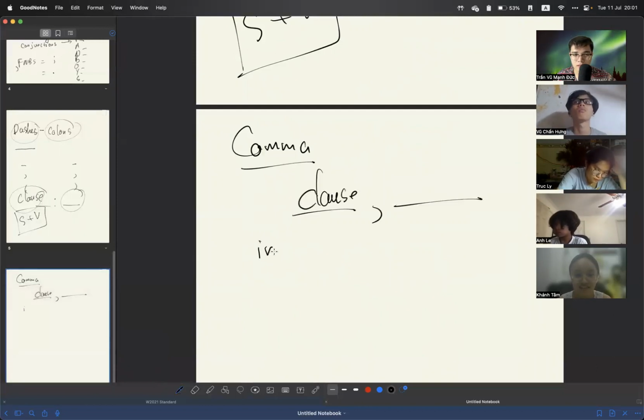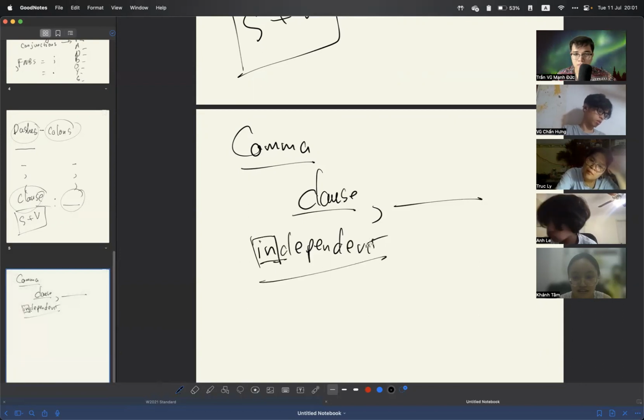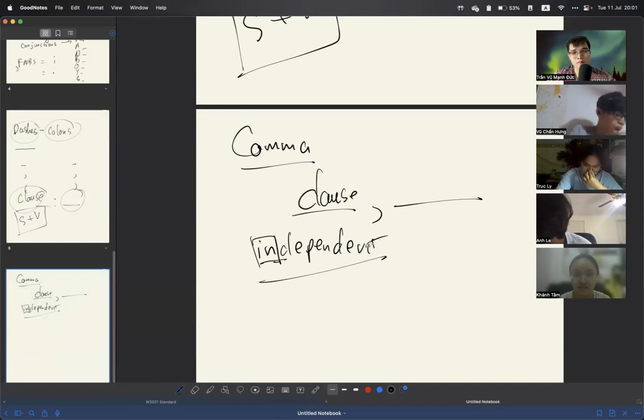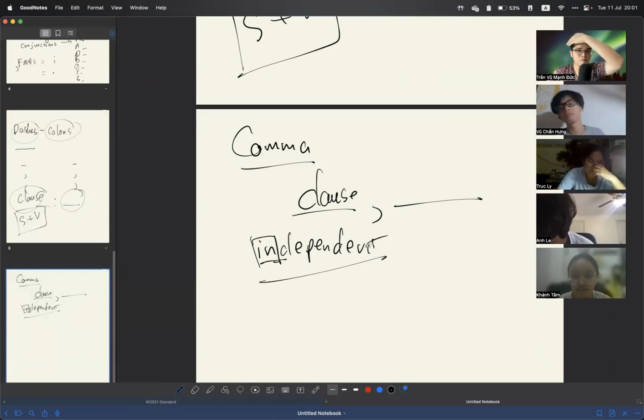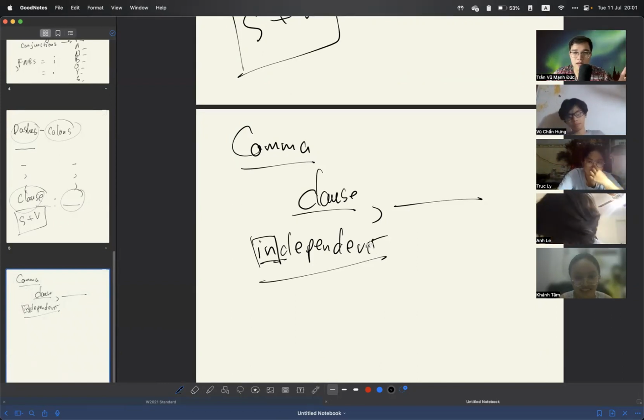Is it independent? Or is it dependent? Is it used to separate two independent clauses? I think dependent. The first part has to be independent because obviously, if you want to finish a sentence, you need to have subject and verb.